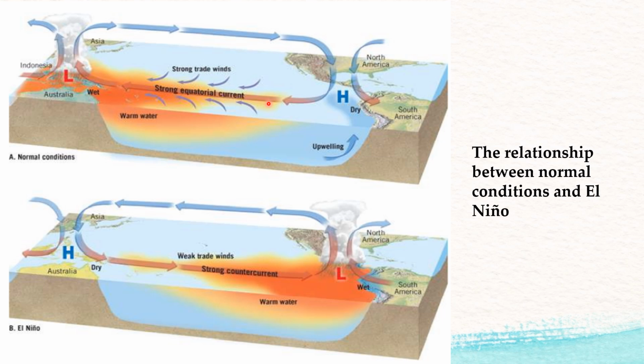These strong trade winds drive the equatorial current towards the west, because when we say current, that refers to the currents in the ocean. And because they're very strong, they drive this ocean current, the equatorial current, towards the west.